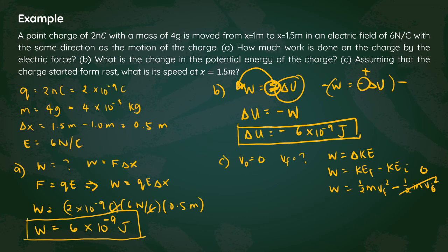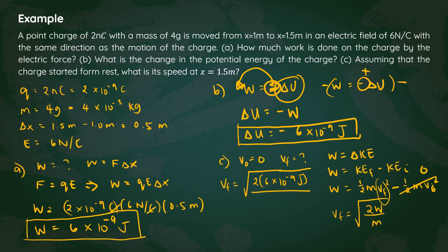But we are just to solve for vf, so we need to derive an equation for this value, and that will give us vf is equal to the square root of 2 times work divided by mass. So vf is equal to the square root of 2 times the work done, which is 6 times 10 raised to negative 9 joules, over the mass, which is 4 times 10 raised to negative 3 kilograms.